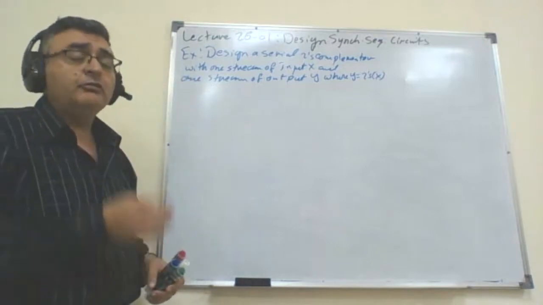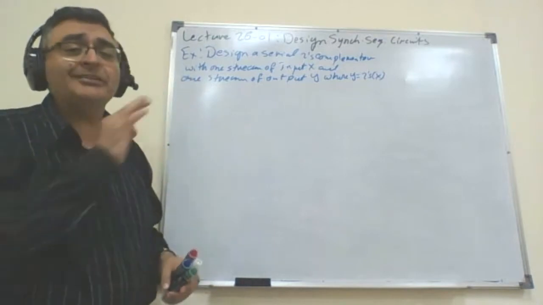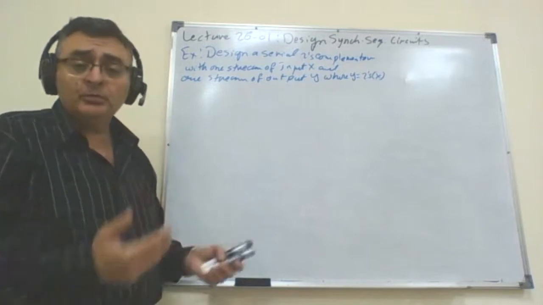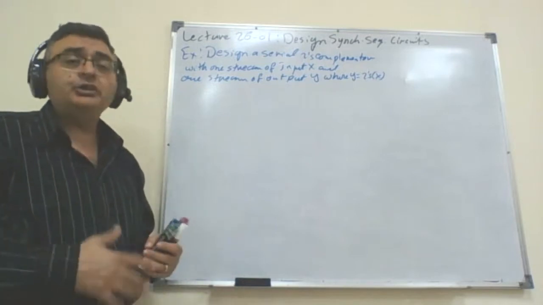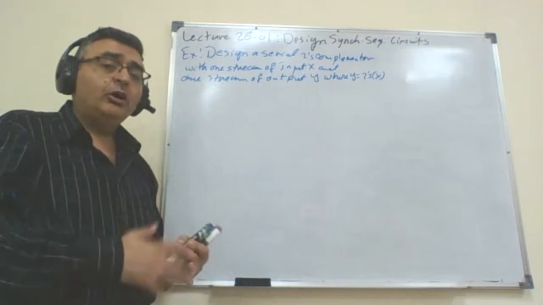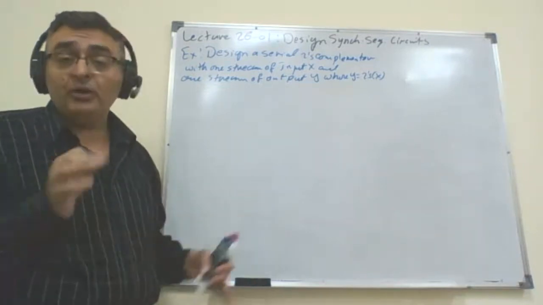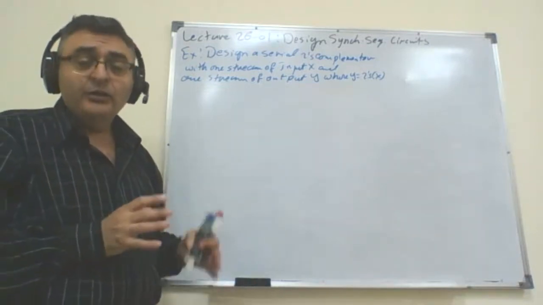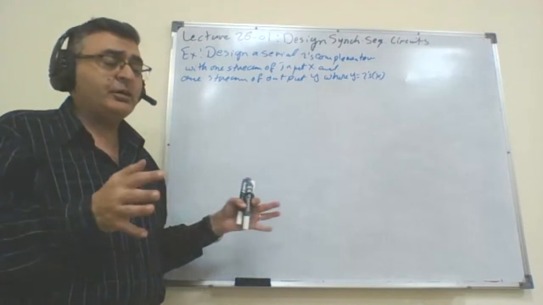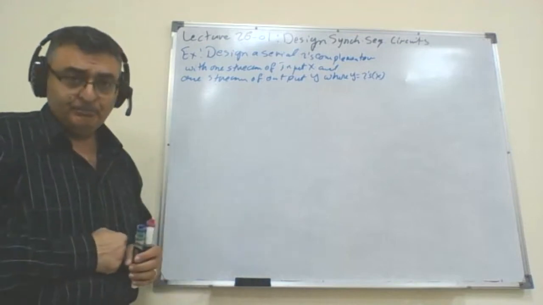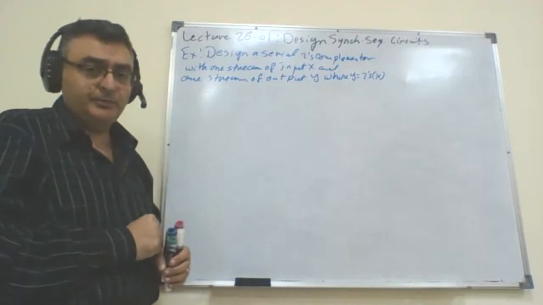The circuit is for a 2's complementer. What's the 2's complementer? A 2's complementer is a circuit that generates the 2's complement of a stream of bits, for some set of bits, generating their 2's complement.